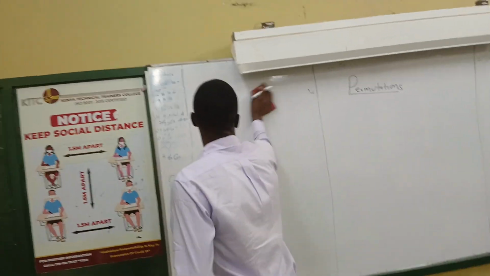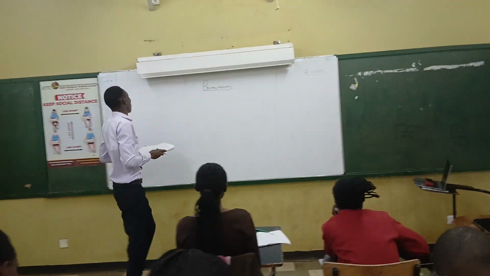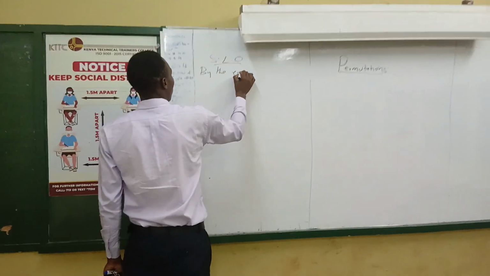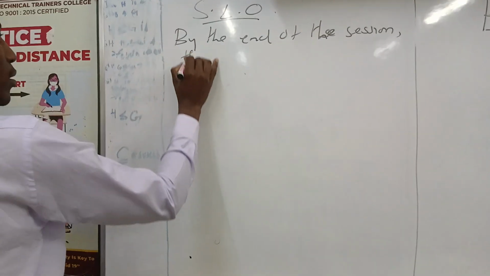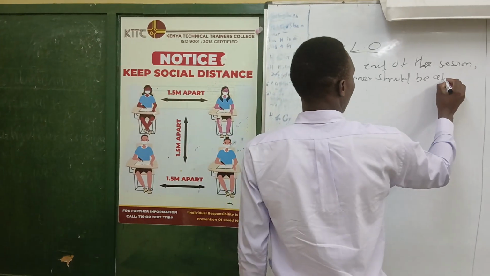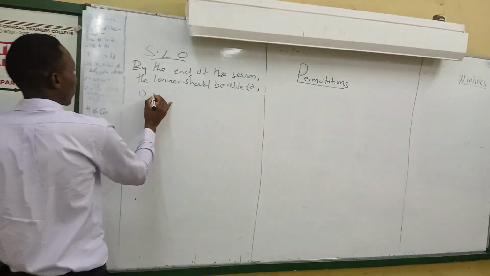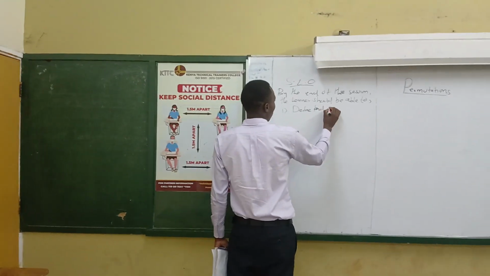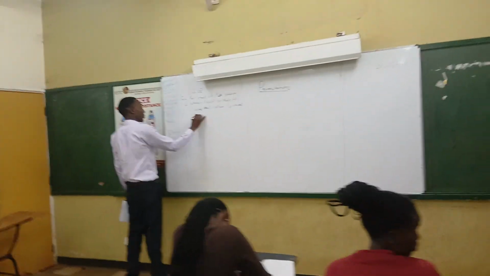Our learning outcomes are that by the end of this session, the learner should be able to, number 1, define and explain the concept of permutations.